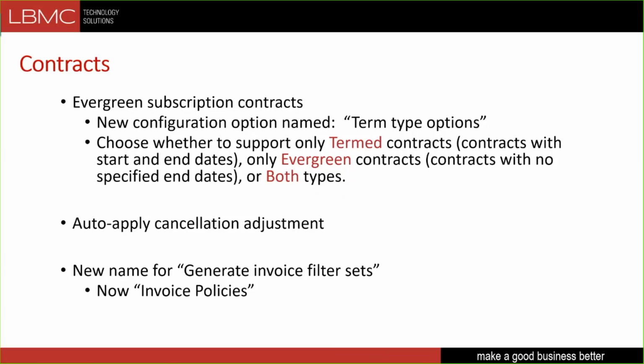And then another idea that came from you related to contracts has to do with cancellations. When you cancel a contract line, you now have the option to automatically create an adjustment if there is an outstanding invoice that's never going to be paid.